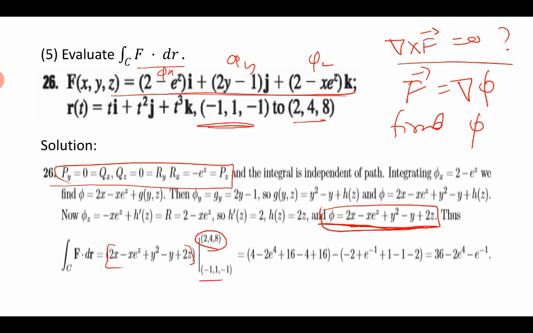Otherwise, the method that we used in the previous chapter, substituting x, y, z values from r in this one, converting everything into t and then finding the t value, that's also good. The better one is this method. Find phi similar to the previous problem and then substitute the upper limit and lower limit. The answer is given as this one.